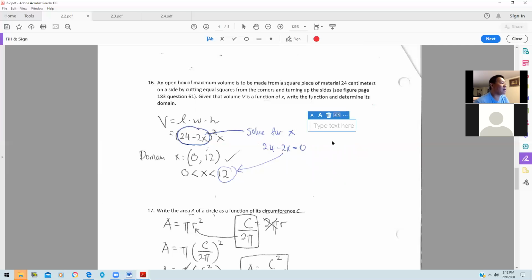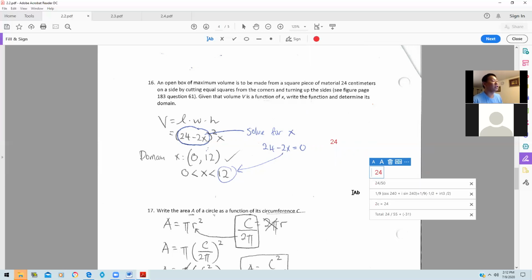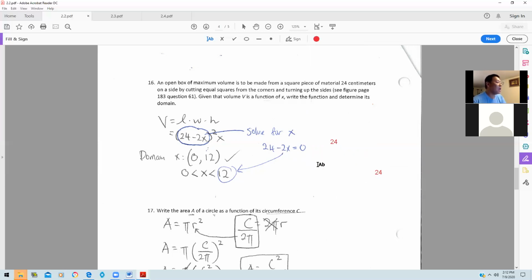So you have a box, and this box is 24. It's a square, so it's 24 by 24. So imagine you have a box here. It's 24, 24, and on the corners you take out those corner squares. So when you fold that up, your 24 here will have 2x subtracted.